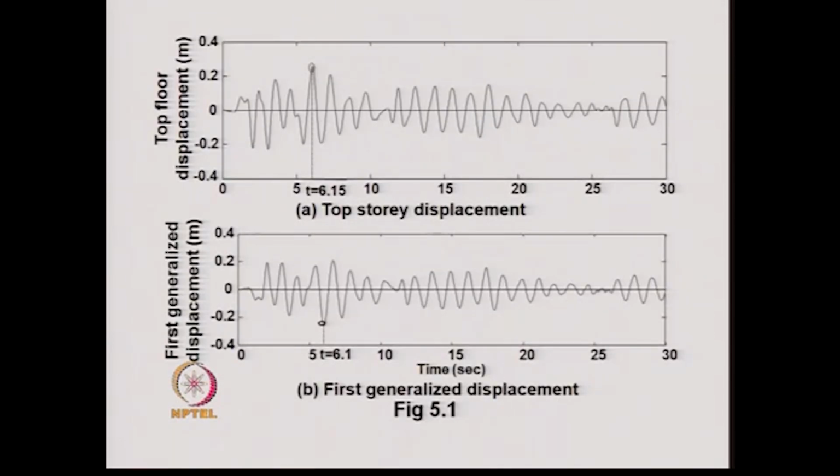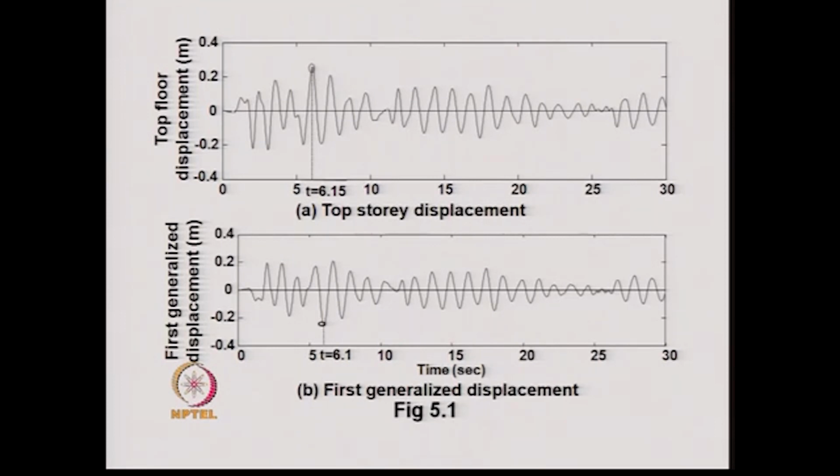Say we are interested in the top story displacement of a multi-story building, and when we combine the effect of all the modes and find the time history of displacement using normal mode theory, the maximum displacement takes place at t equal to 6.15.